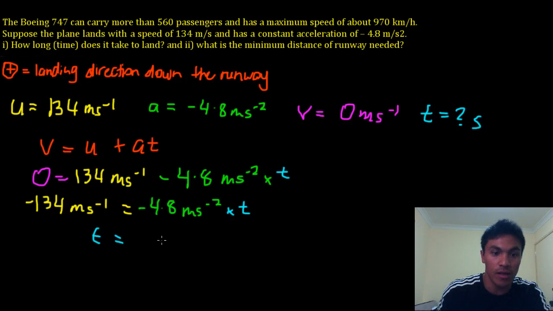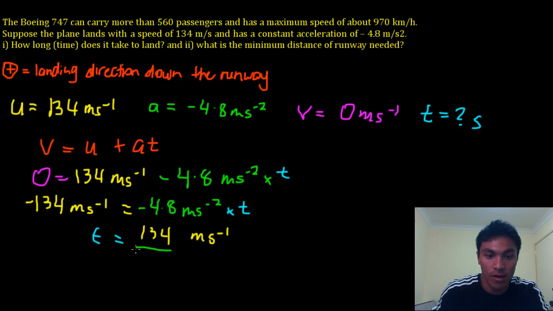So let me put the numbers down first. 134 meters per second, and let me divide that by our acceleration. Here is negative 134, right? Remember, negative 134. Divide that by negative 4.8.